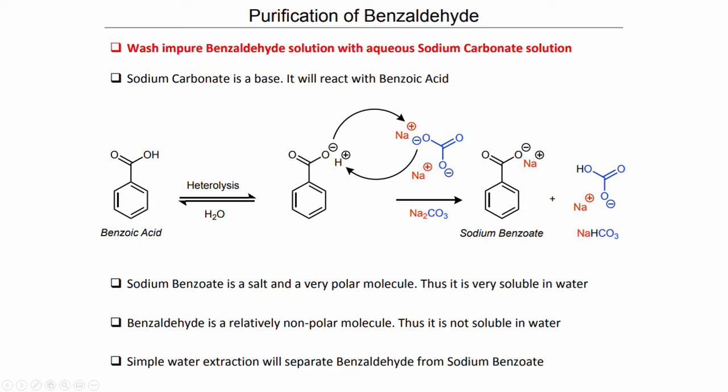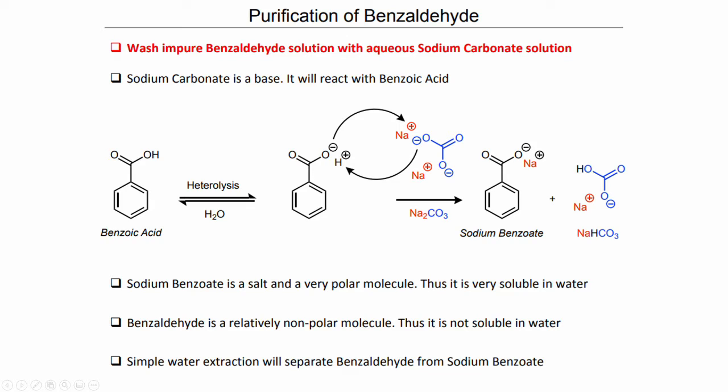and the negative charge on the carbonate can interact with the hydrogen. What we end up getting is sodium benzoate as one product and sodium bicarbonate as another product.